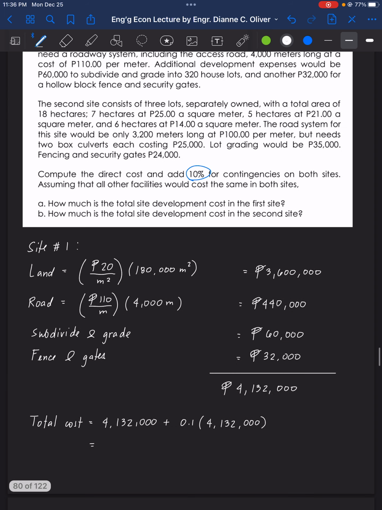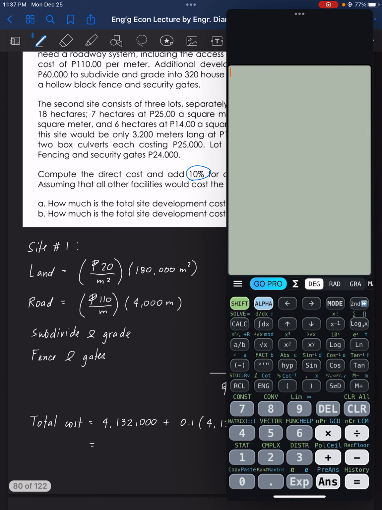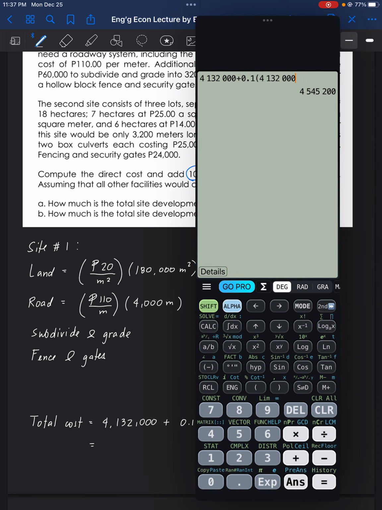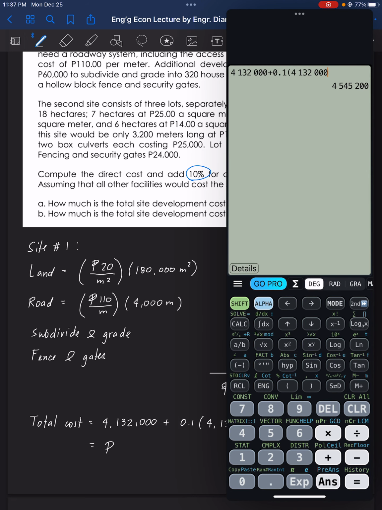So that is 4,132,000 plus 0.1 of 4,132,000, which is 4,545,200.